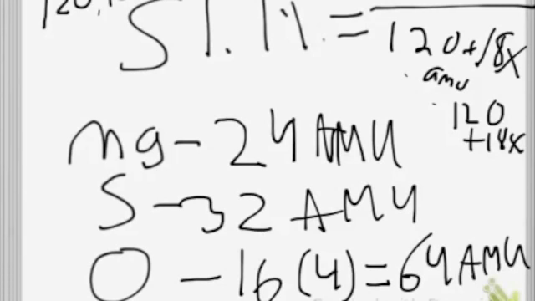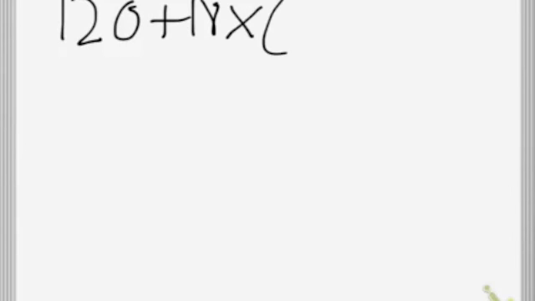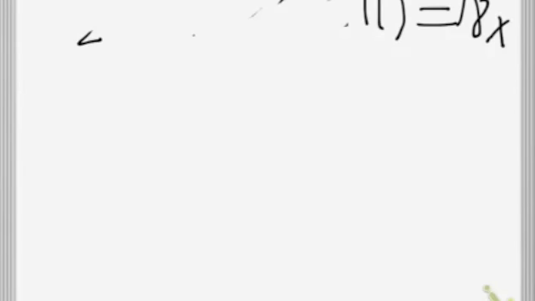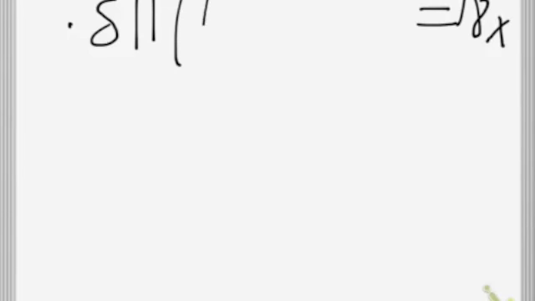So, to get to a new sheet, we have 0.511 times parentheses 120 plus 18x, equals 18x. Whoops, I'm sorry, it's supposed to be 0.511 parentheses 120 plus 18x, equals 18x.